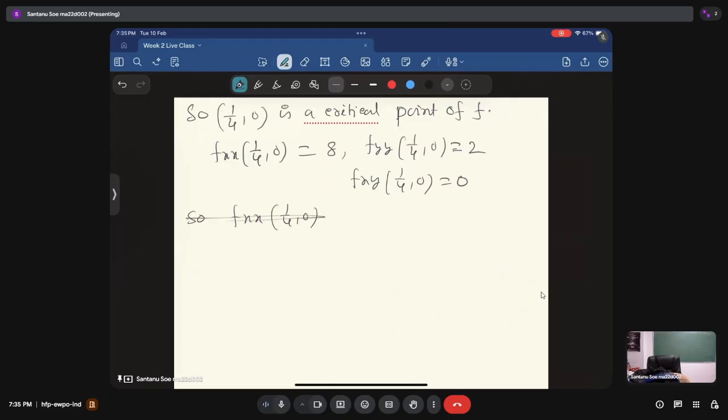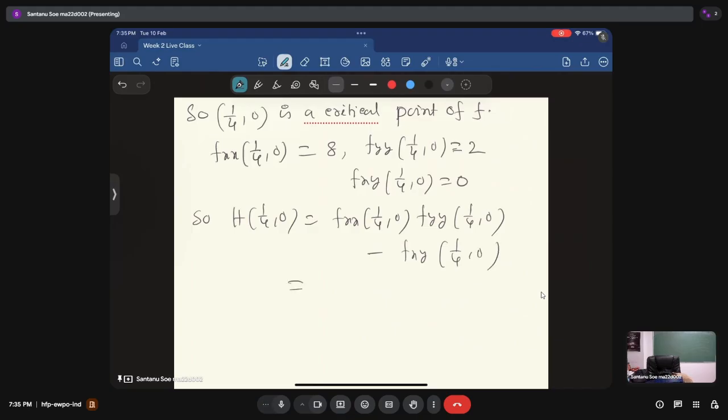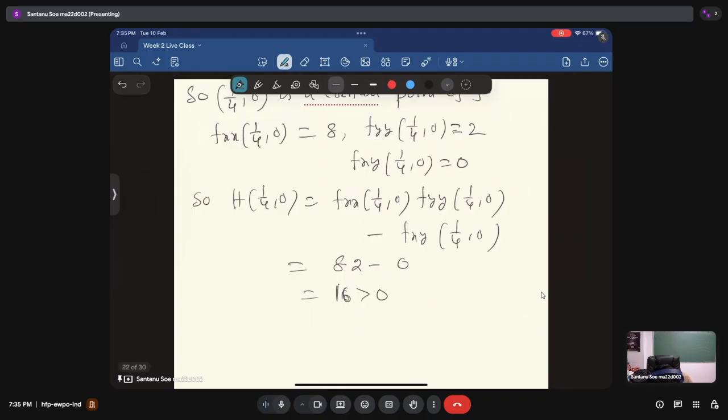H of 1 by 4 comma 0 is gonna be f_xx at 1 by 4 comma 0 into f_yy at 1 by 4 comma 0 minus f_xy squared at 1 by 4 comma 0. So this is gonna be 8 times 2 minus 0, so 16, which is greater than 0.